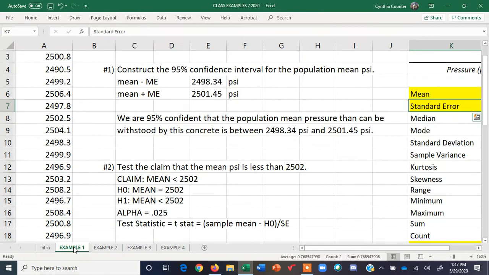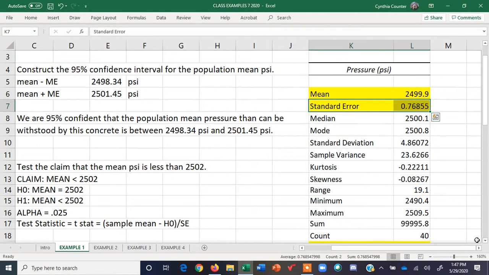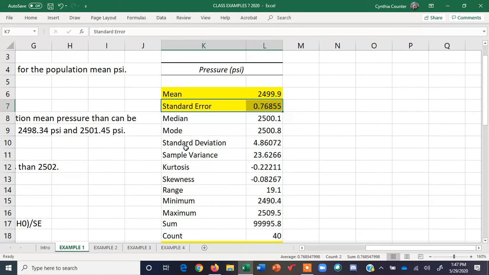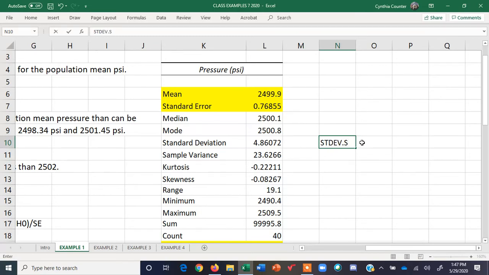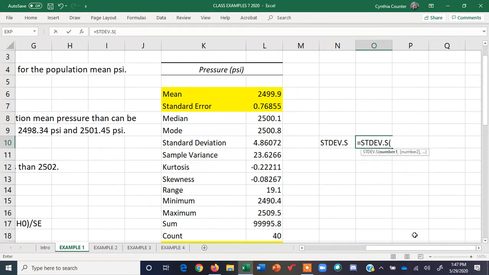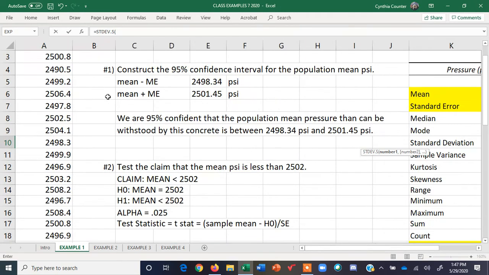Going back to example 1, suppose you did not have the standard error here. Then you could find the standard deviation by using the formula STDEV.S. So equals STDEV.S of this data set. So let me highlight the data set.